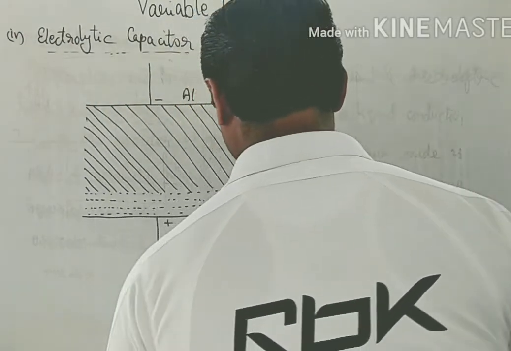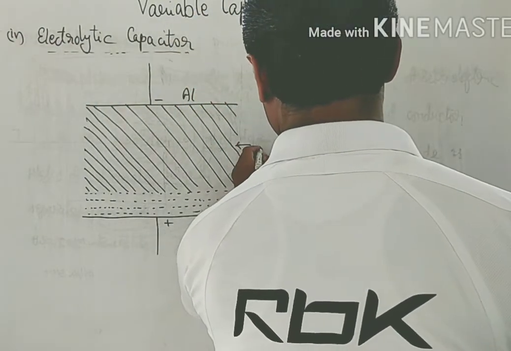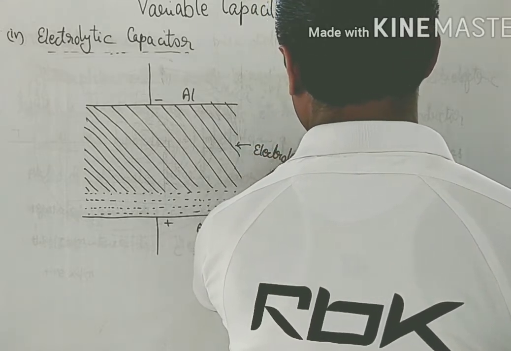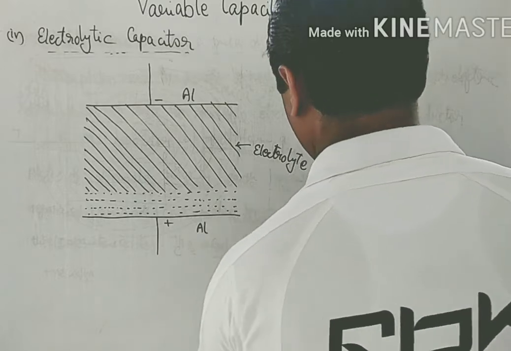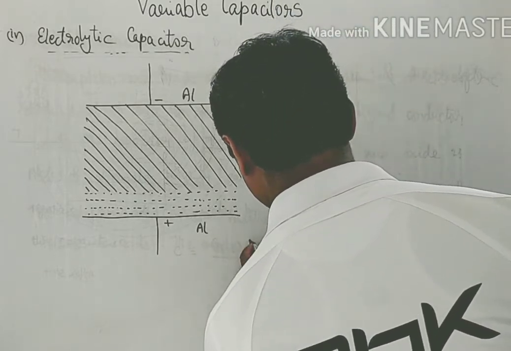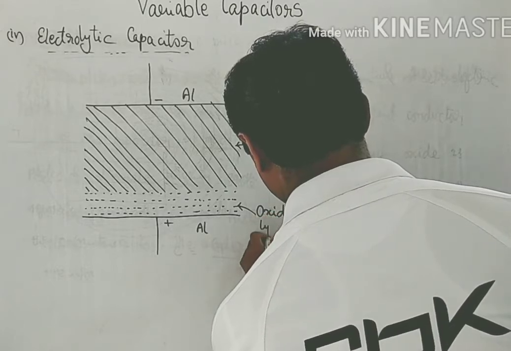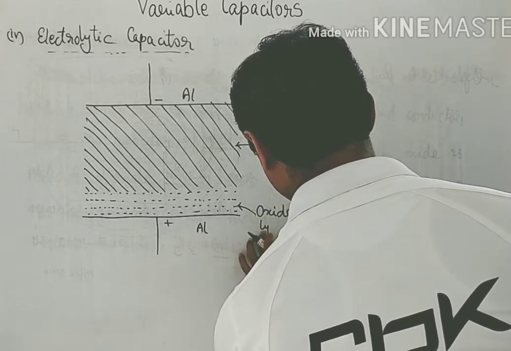Let me label this. This is the electrolyte, and here is the oxide layer.